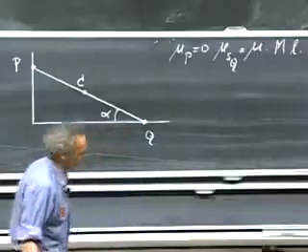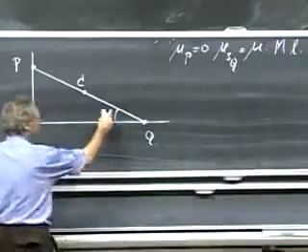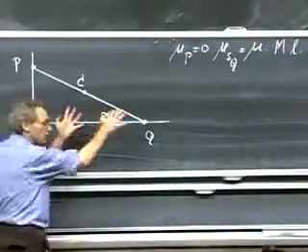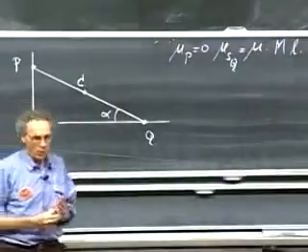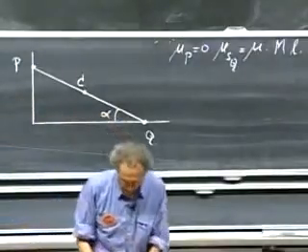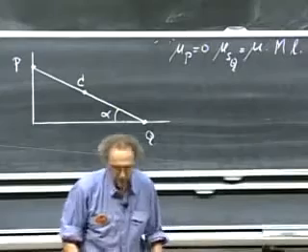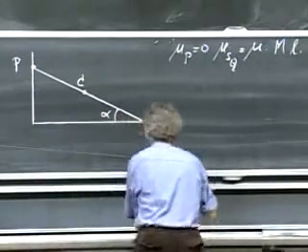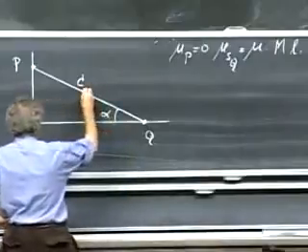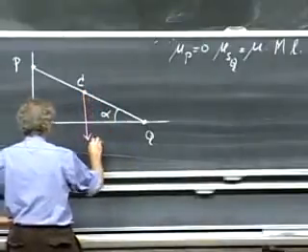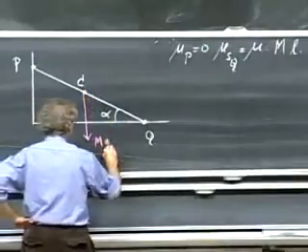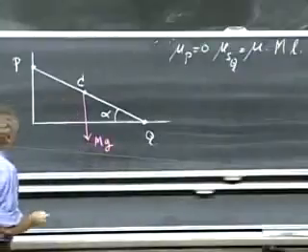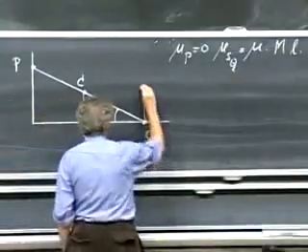We know from experience that if this angle is too small, the ladder will slide. And so I want to make the topic today, what should that angle be so that it does not slide? Well, we have here a force, mg. That's gravity. Then we have a normal force here.